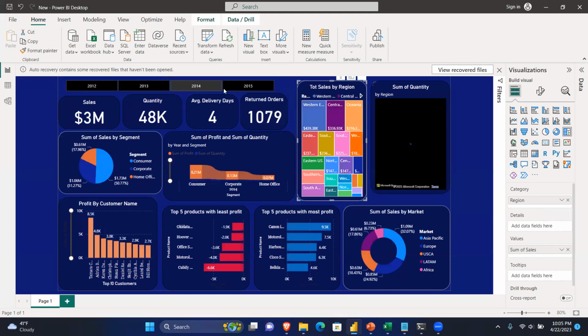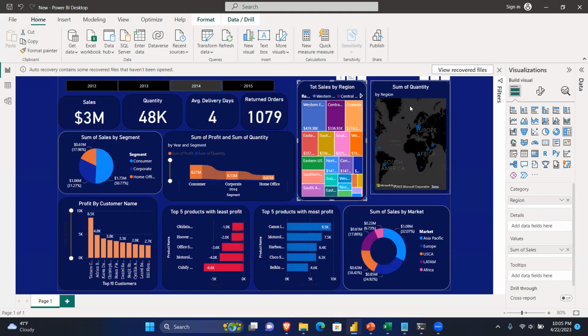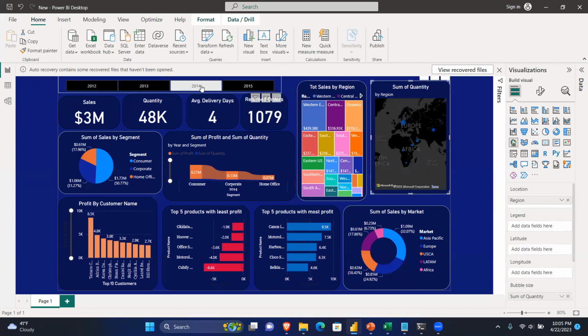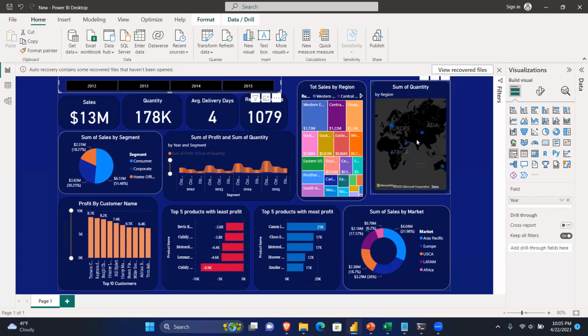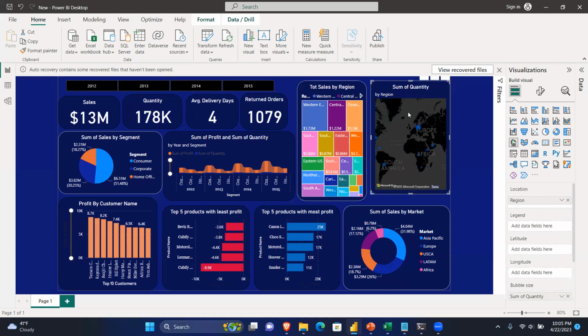Next we have the map right here. If I deselect the year filter, this map shows us the sum of quantity by each specific region. For each region right here, we can see the sum of quantity sold.